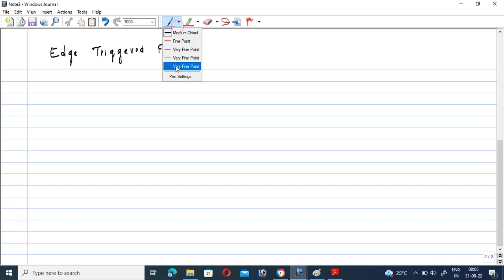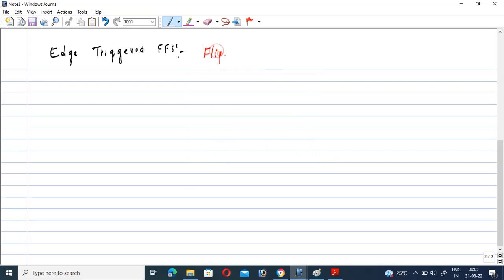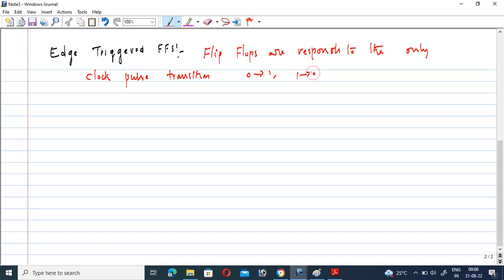Flip-flops respond only to the clock pulse transition, from one level to another, it may be 0 to 1 or 1 to 0. This is generally called edge triggering.